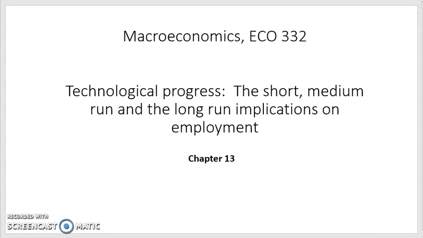Hi and welcome back. In this video, we'll make a conclusion of section 13.1, which we were looking at in the previous video, where we examined the short-run response of output and unemployment to the increase in productivity.